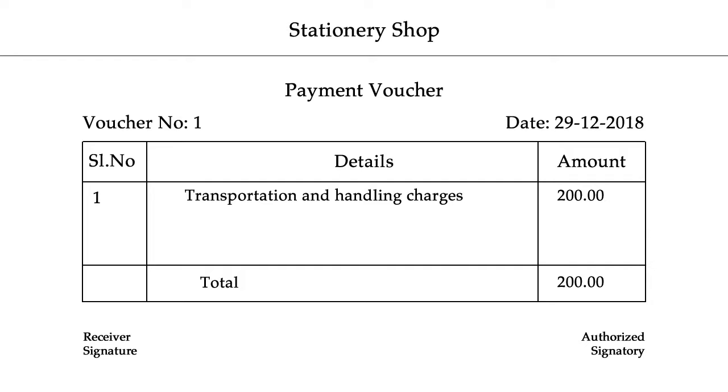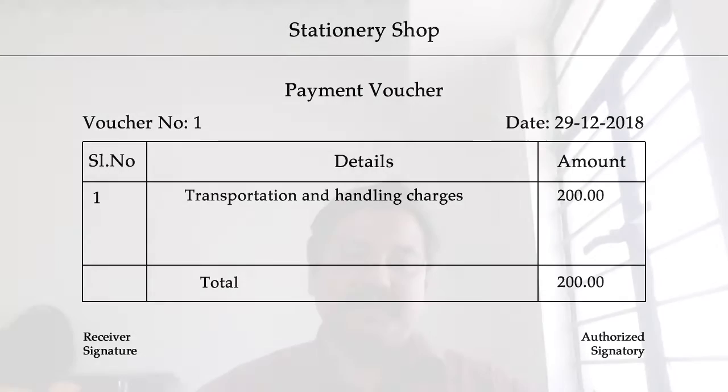For example, in your stationery shop you already have a stock of paper, pen, pencil and paper clips, etc., which you have purchased. So now you are going to sell it to your customer.